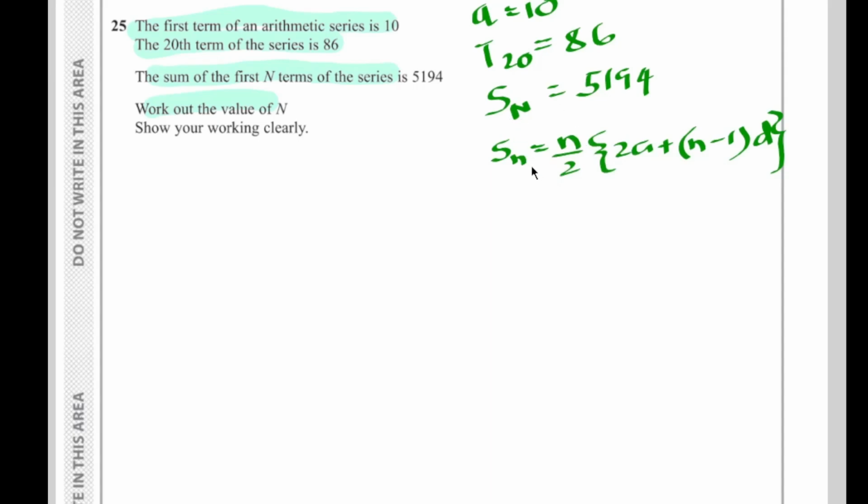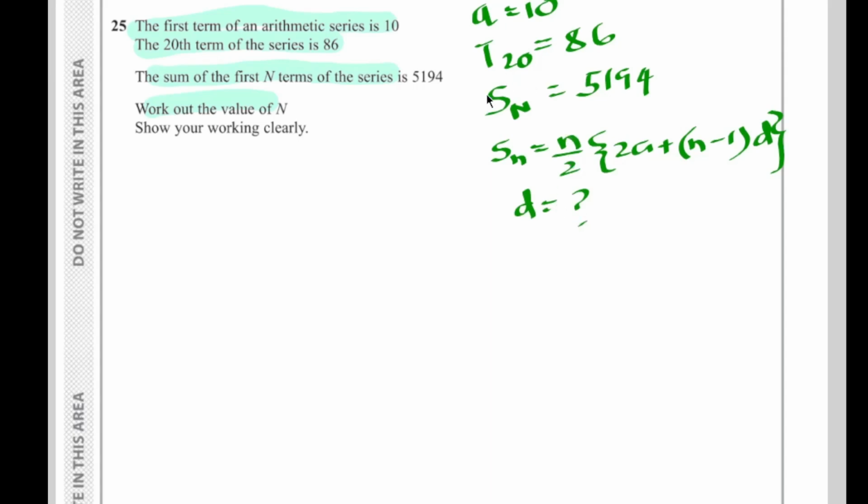So instead of this n, I gotta write capital N because that n is the one that we gotta get. It is a term position. And we've been given the whole Sn, which is 5194. N is capital N. A is given. N is the thing that we gotta get. D is the problem. We don't know what D is. Now our goal is to get what D is.